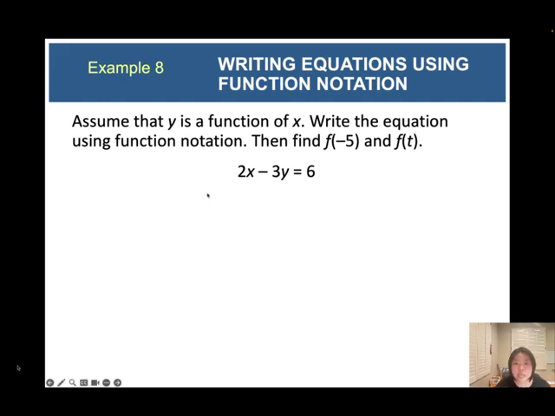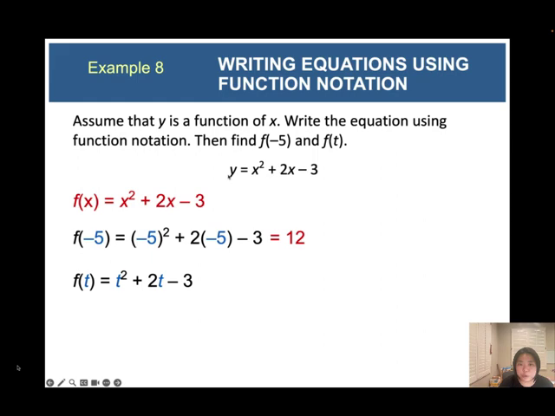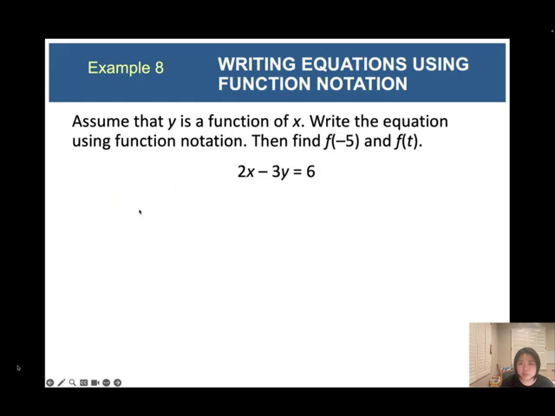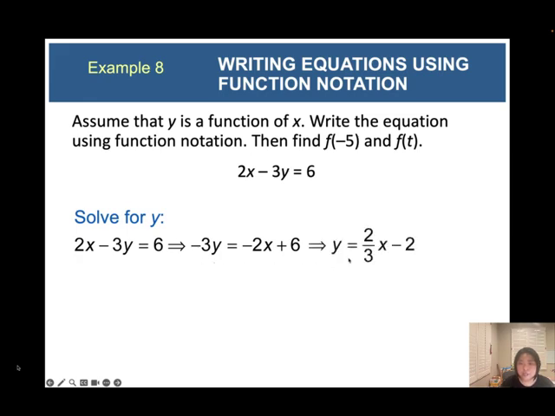So this one, we have the linear equation. So first, we try to solve for your y, okay? Find out y equal to something. After we're done, we could just replace the y with the function of x. And then you could find out f of negative 5 and f of t. So first, solve for your y. You're going to subtract the 2x from both sides, and then divide by negative 3 on both sides.